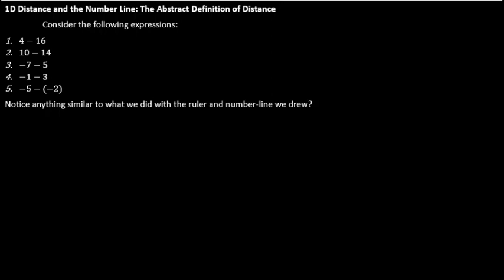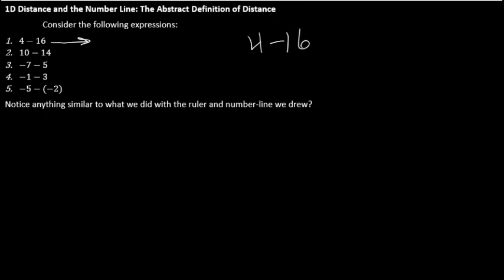All right. So moving on, one-dimensional distance and the number line, the abstract definition of distance. Okay, so consider the following expressions. Basically, I'm asking you to simplify these. So 4 minus 16. So this is kryptonite to some kids.